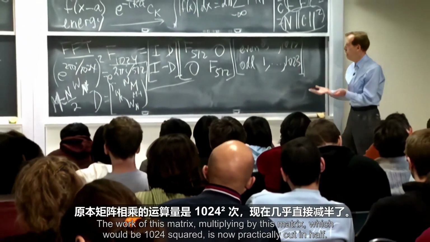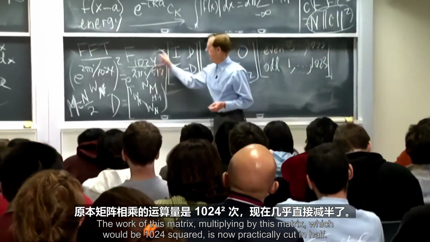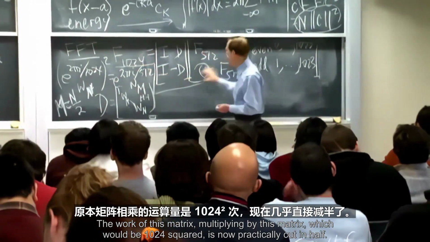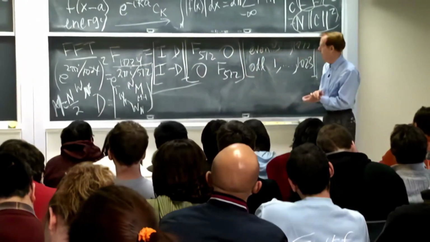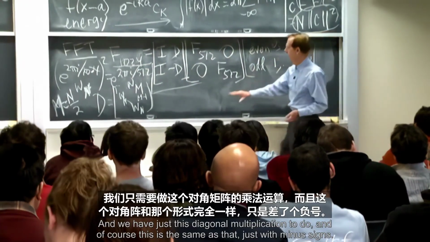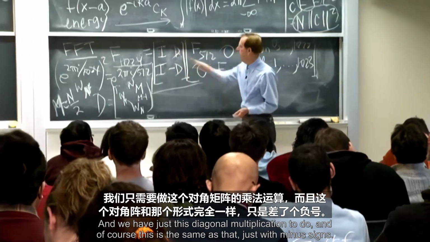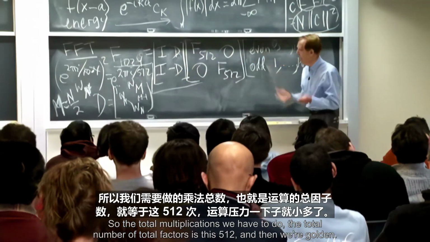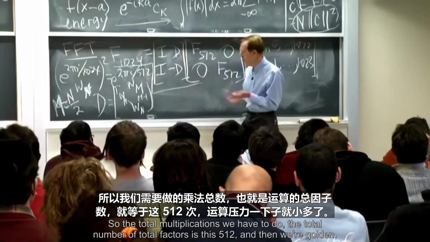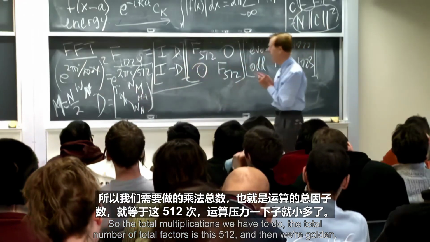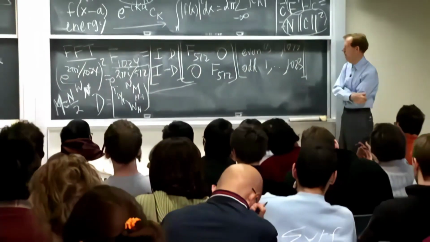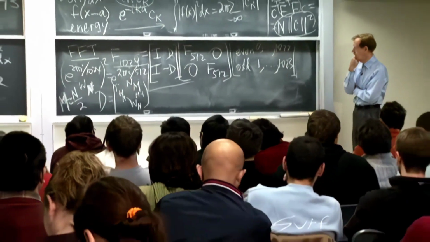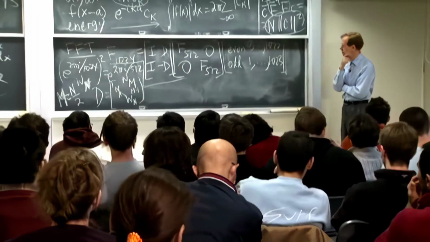The work of multiplying by this matrix, which would be 1024 squared, is now practically cut in half, because this is nothing. And we have just this diagonal multiplication to do, and of course this is the same as that, just with minus signs. So the total number of twiddle factors is this 512, and then we're golden. So we've got half the work plus 512 operations. That's pretty good.